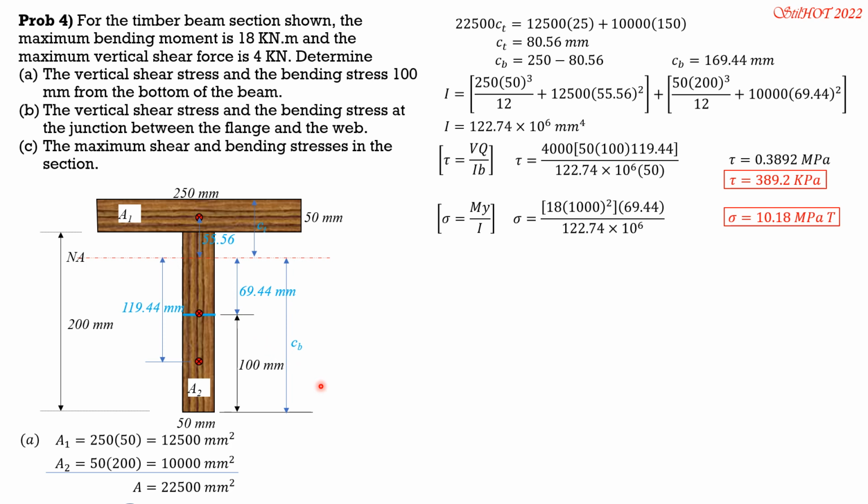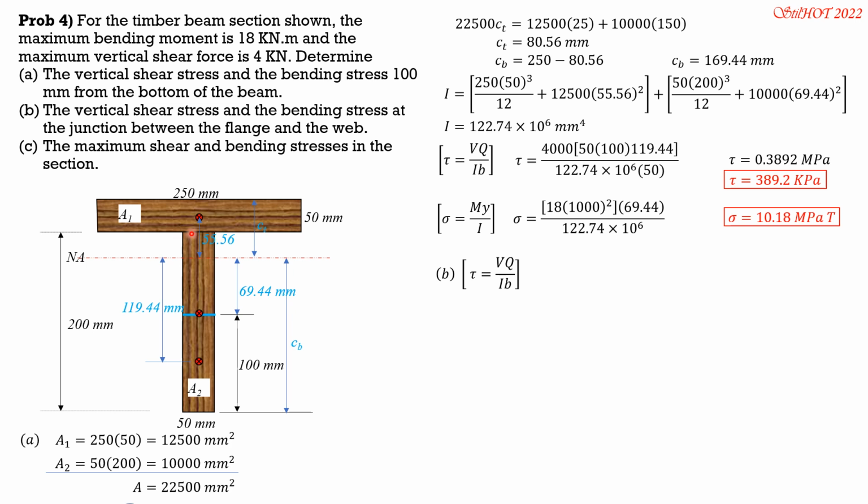Then we proceed to part B, the vertical shear stress and the bending stress at the junction between the flange and the web. So here at this point, we still use this formula, VQ over IB. This is the junction.